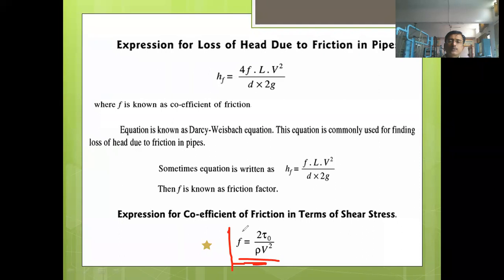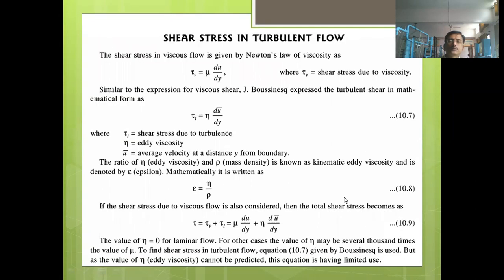At that time we can use this equation: F is equal to tau 0 upon, where tau 0 is the maximum shear stress, or you can write tau max also, divided by rho into V square. So this is the expression for the coefficient of friction in the pipe.